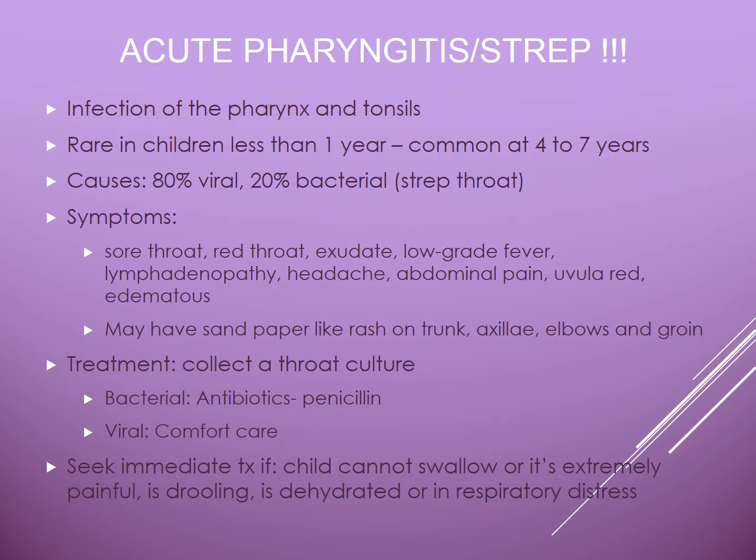Now, children can get a shot of penicillin, and sometimes parents will request that. The shot will make them feel better faster, but it is actually preferred to give kids 10 days of oral penicillin. The reason is if you give a kid a shot, it immediately bumps them up to that therapeutic range of penicillin, but they fall out of that therapeutic range faster.